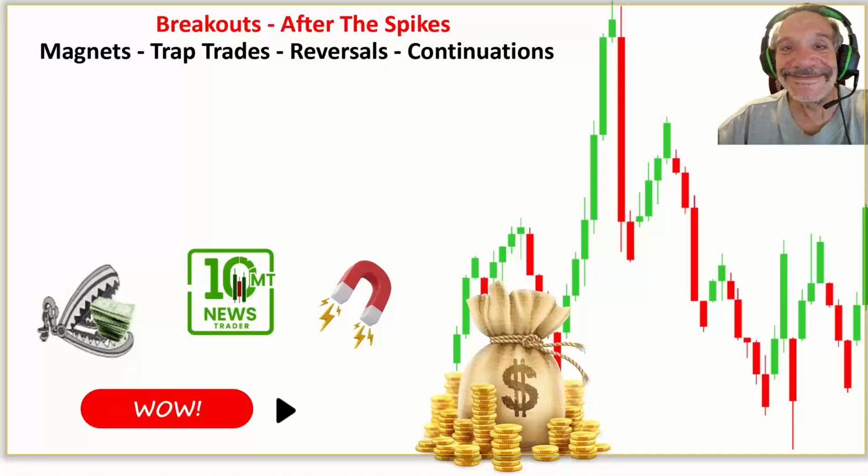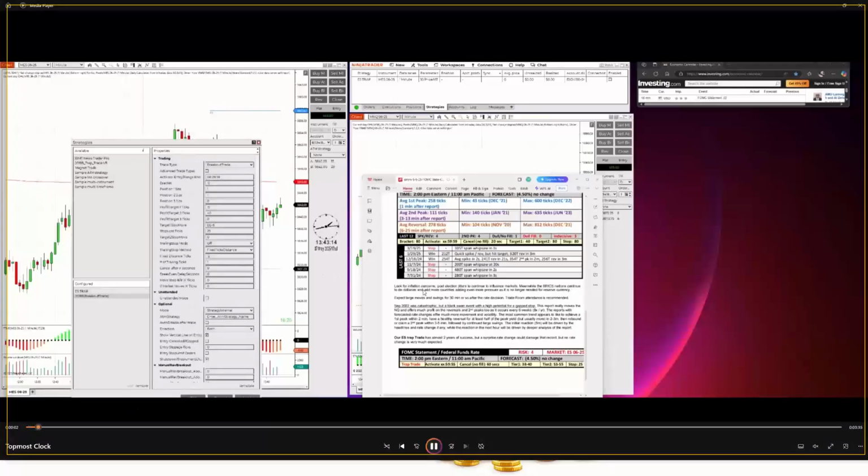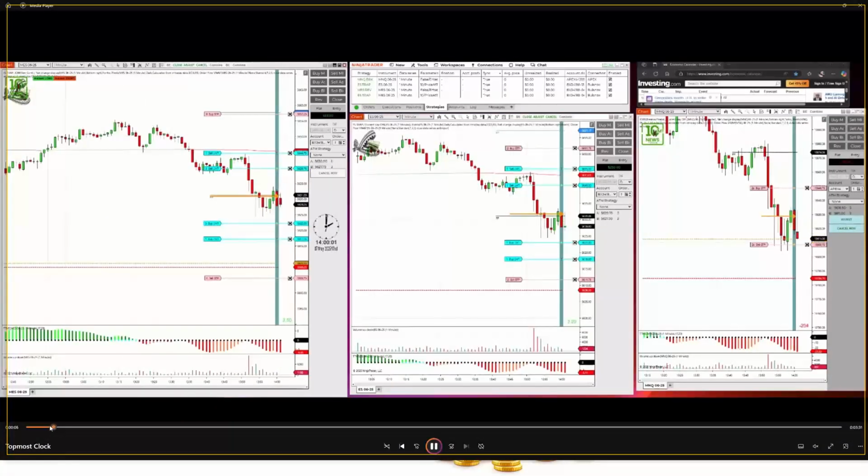And to give you a quick example of what I'm talking about, one of our most popular types of trades are the trap trades. When the price breaks out, we sell. And when the price breaks down, we buy. We put a couple of orders above the price and below the price.